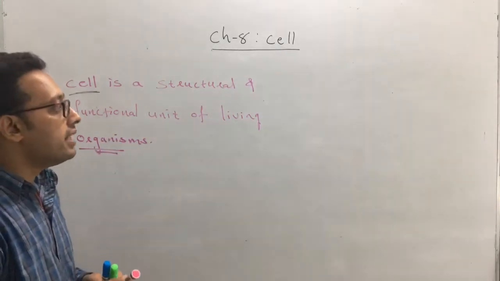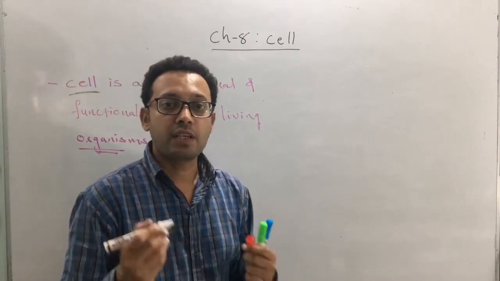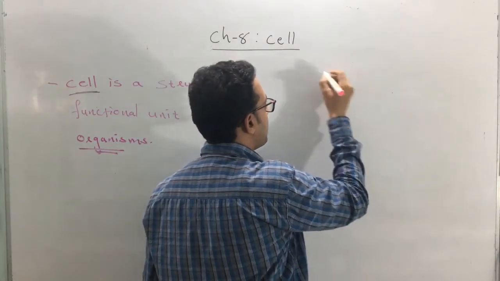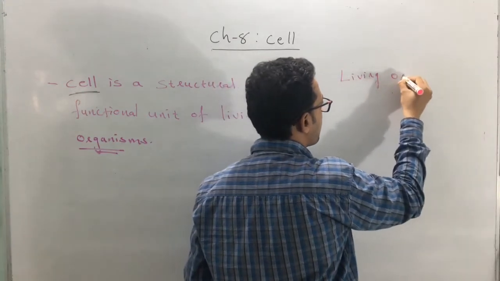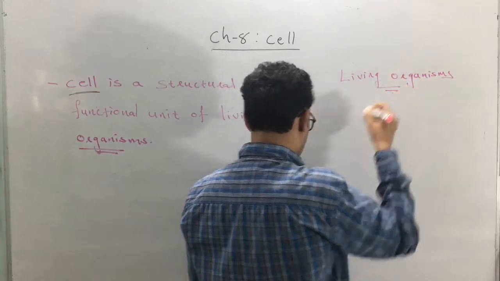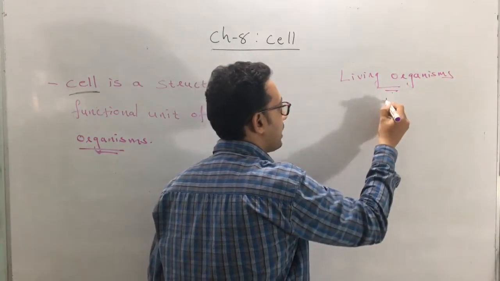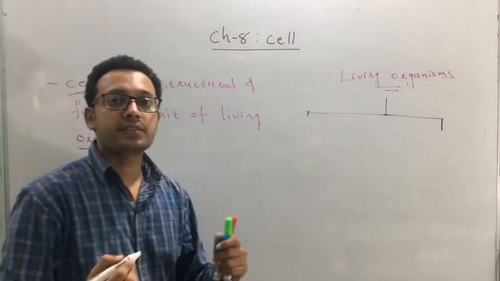Now, based on the number of cells, the living organisms can be classified into two types. Which are the two types of living organisms? These living organisms are classified into two types based on the number of cells.